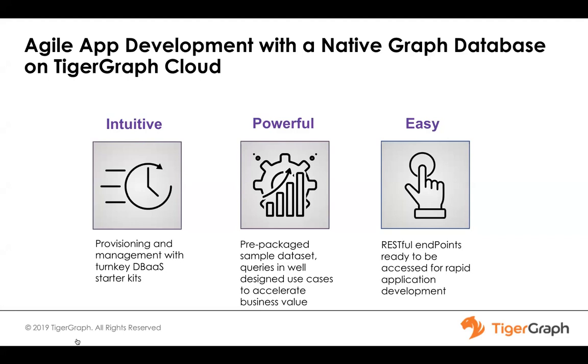We have actually seen significant ROI from our customers. It is very, very easy to use and develop against when queries are written in TigerGraph GraphStudio, and you can get the RESTful endpoints with a click and insert them into your customized application with the generated token.